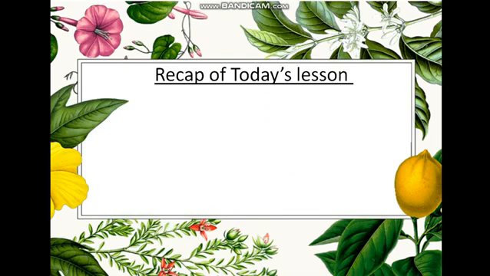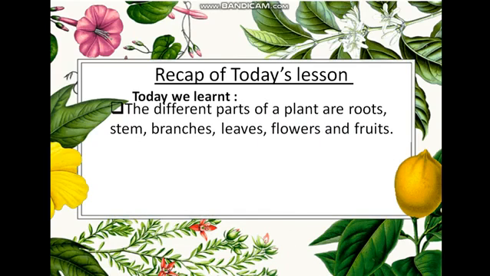So that was all for today. We will recap our today's lesson. What have you learned? Can you recall it? So we are going to have a quick recap of all that we have learned, so we can easily memorize it. The different parts of a plant are roots, stem, branches, leaves, flowers and fruits.